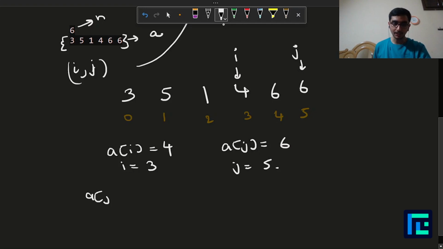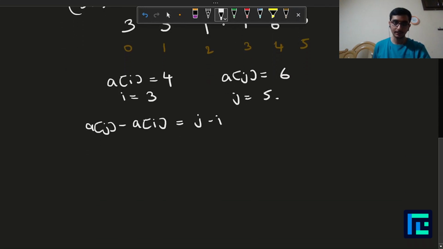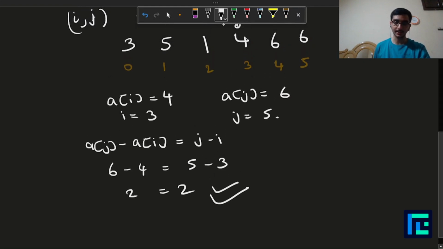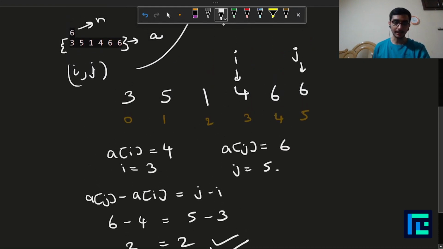Now a of j minus a of i equals j minus i. We substitute the values here, that becomes 6 minus 4 equals 5 minus 3, and that is 2 equals 2. So this equation is being satisfied. So I can say the i comma j pair, that is 3 comma 5, is one of the pairs.